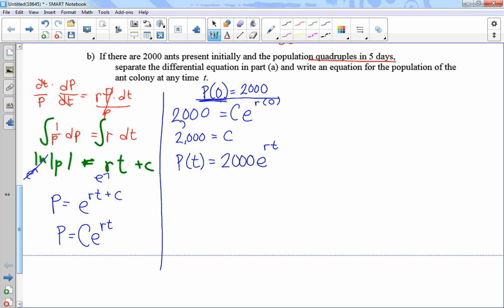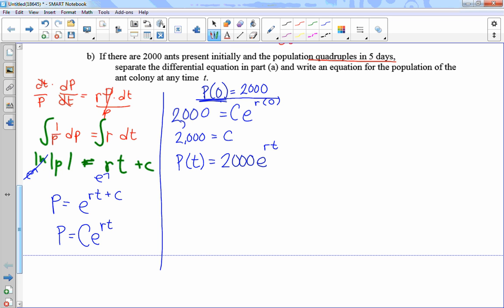Let's see what any other information we have here. And 5 days, what happens?